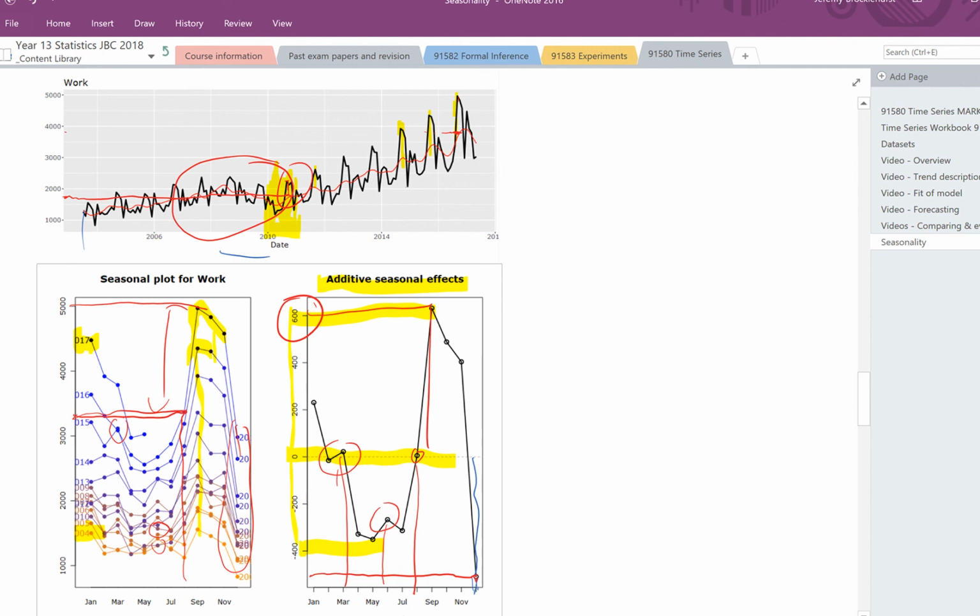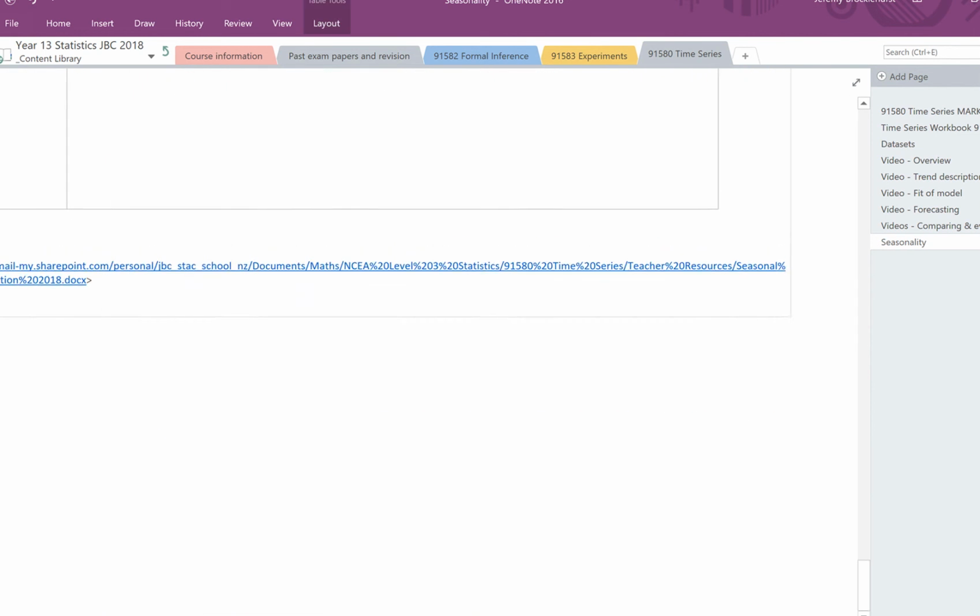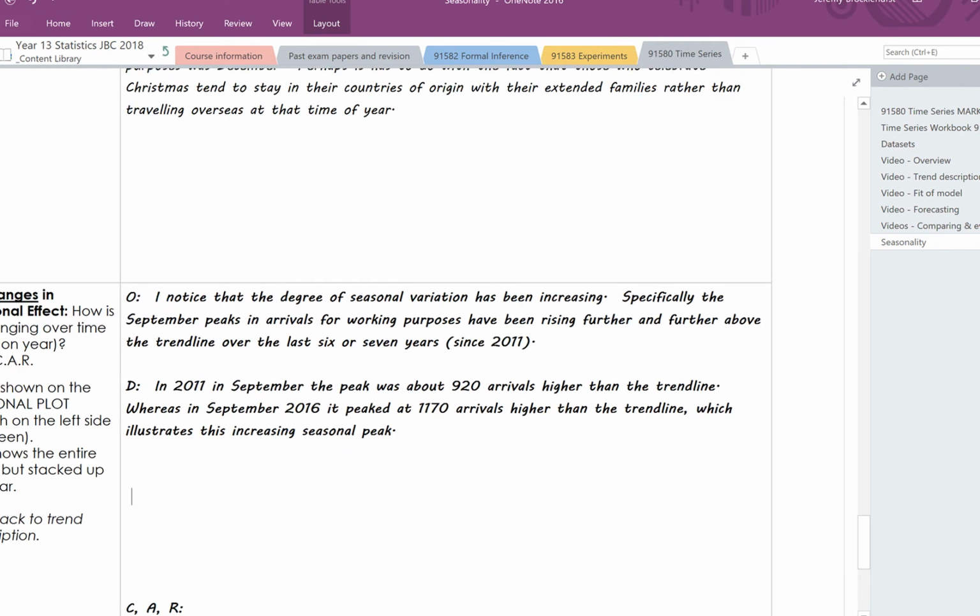So what all this means is that when we go to make our predictions, the average seasonal effect that it's using is probably going to do what? Well, it's almost certainly going to underestimate the seasonal rise in September, isn't it? So we need to keep that in mind, and we need to write that down. It's really important. If you want to be getting excellence, you need to be thinking about the implications for this sort of thing too when we make predictions.